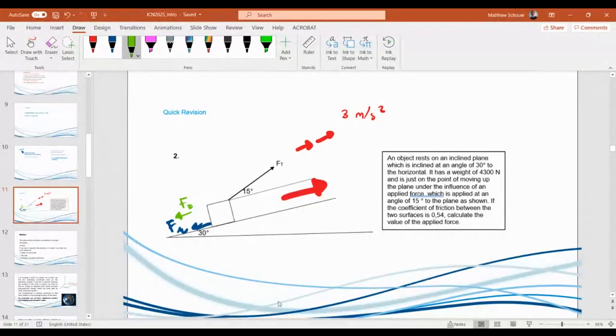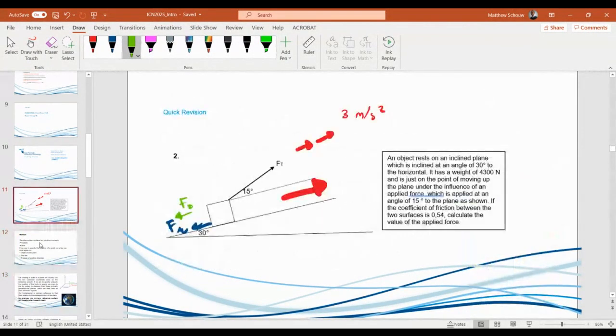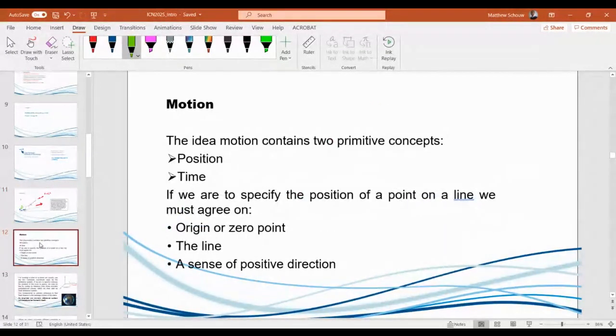To continue the actual lecture, a few backdrops before we touch on the inertial force. I'm just following the notes here. It says motion contains two primitive concepts: position and time.